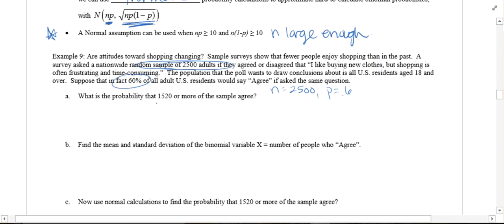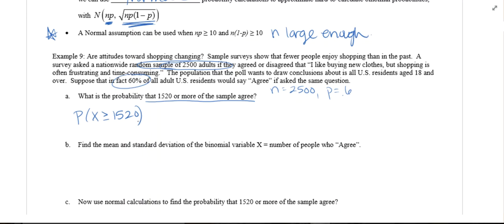So find the probability that 1,520 or more of the sample agree. So we want the probability x is greater than or equal to 1520. So we can use the binomial, they either agree or they disagree. So if it's a binomial situation, our probability stays the same. Each person would be independent and our n we know. So if I want to do greater than, what do I have to do to get binomial to do this?